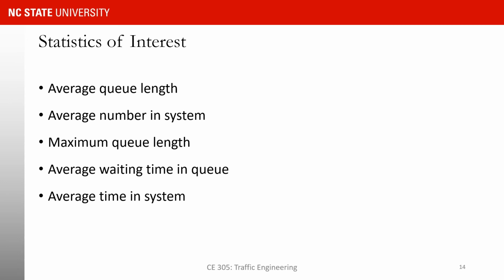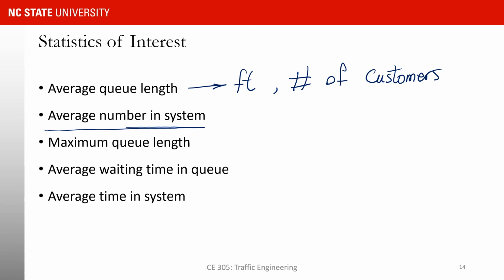So what kind of statistics are we interested in knowing so that we can analyze a queuing system? We want to know the average queue length. In traffic, this could be in feet, how long the queue is, or the number of customers. Average number in system: how many customers are in the system.